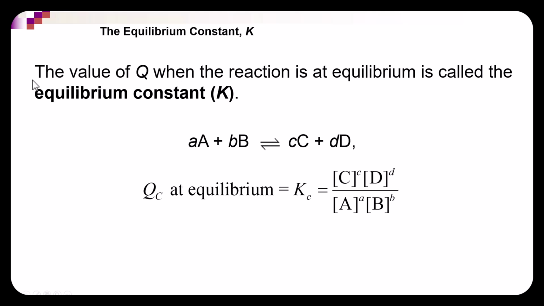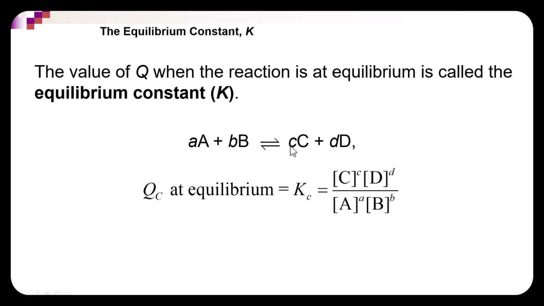The equilibrium constant K is the constant when our reaction is at equilibrium. What you'll notice about the equation for K is it's exactly the same as Q: concentration of products over concentration of reactants, with those exponents being the coefficients.